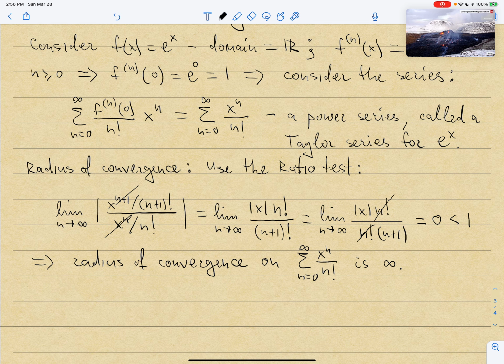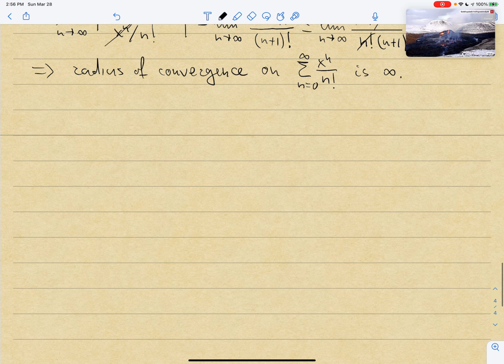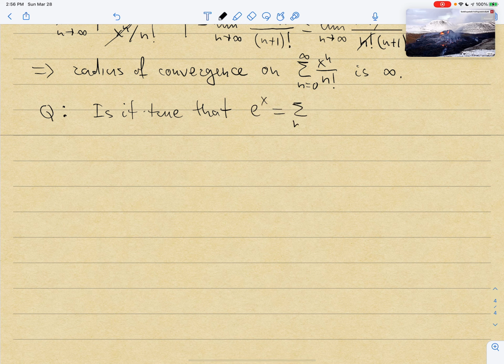So question, is it true that e to the x is equal to the sum from 0 to infinity of x to the n over n factorial?